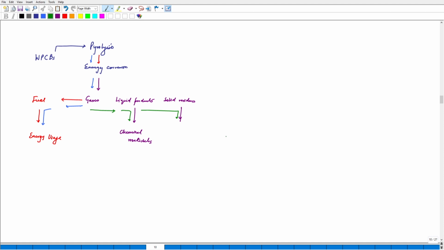So separately we have solids, and then we have liquids. And again we are still discussing material flow. So we have metal fractions and we have non-metal fractions.